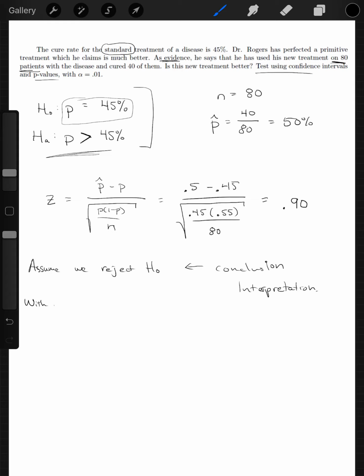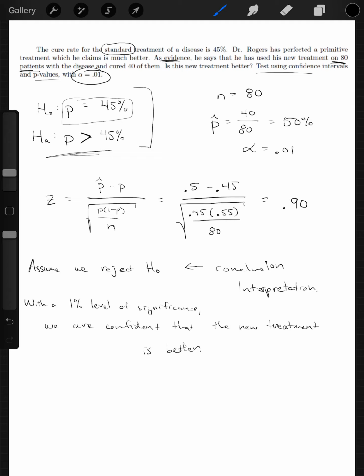So with a 1% level, I guess I should have written down alpha over here, 1% level of significance, we are confident that the new treatment is better. Because that's what it would mean for the cure rate to be bigger than 45%, is that it's better than the standard treatment there.